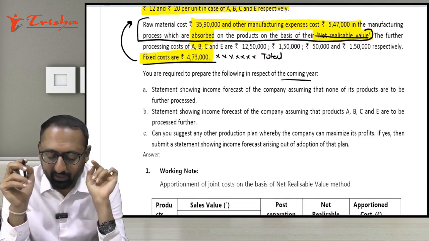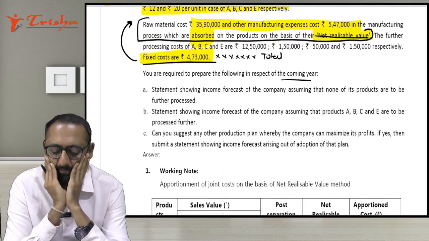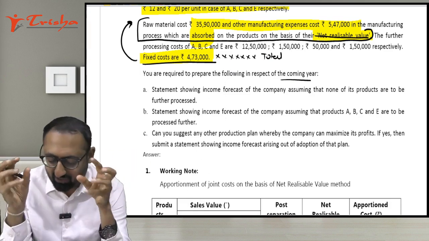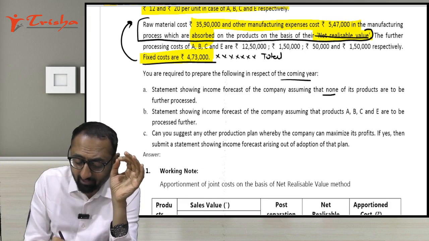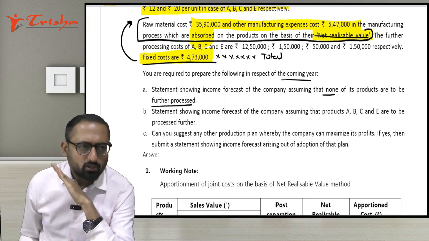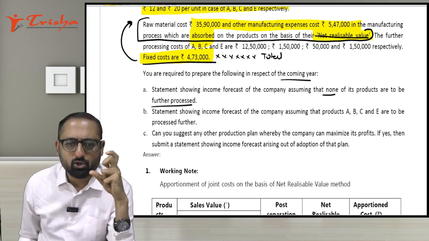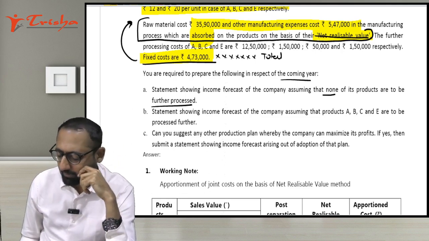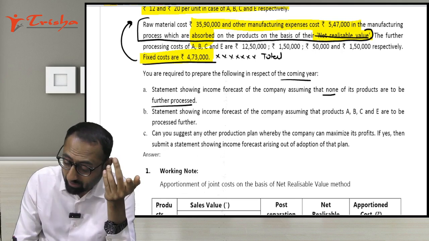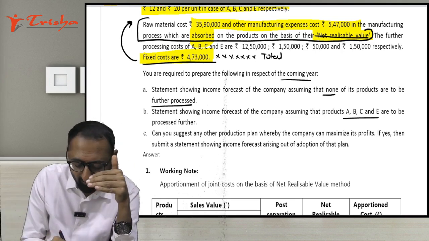You are required to prepare the following in respect of the coming year. A statement showing the income forecast of the company, assuming that none of the products are to be further processed. So if none of the products are to be further processed, all the products will be sold at the split off. A statement showing the income forecast of the company, assuming that A, B, C and E are to be processed further.